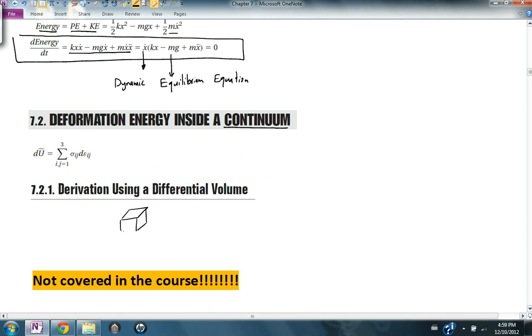If I have a small cube and I apply force F and it extends a distance dx, then the energy per unit volume will be equal to F multiplied by dx divided by A multiplied by the length, where this is the area and this is the length.